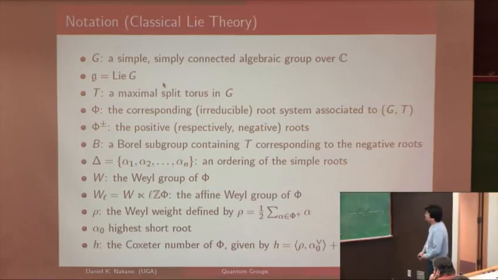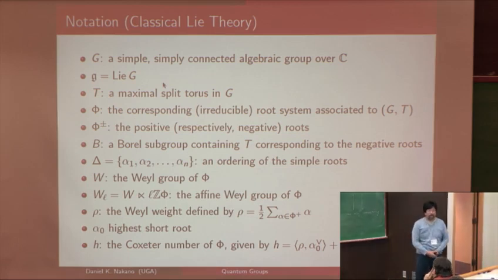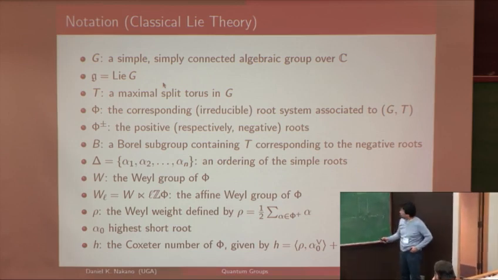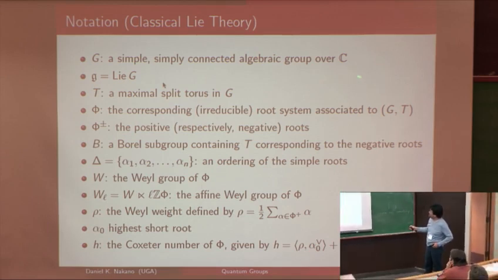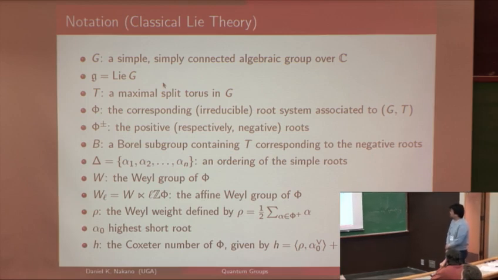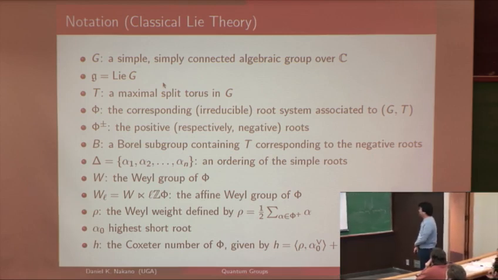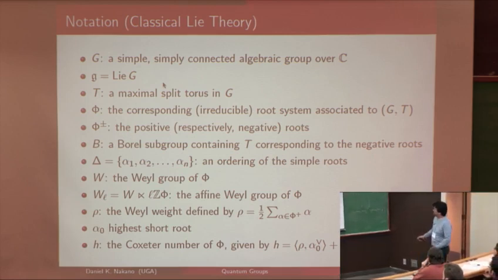All right, I'm going to start with the basic classical notation for complex semisimple algebras. We start with G a simple, simply connected algebraic group over the complex numbers, so you can take something like SL_n. Frak g will be the Lie algebra of G. T will be a maximal split torus for G. Whenever you have the pair G and T, you have a root system, and since G is simple, it is an irreducible root system.